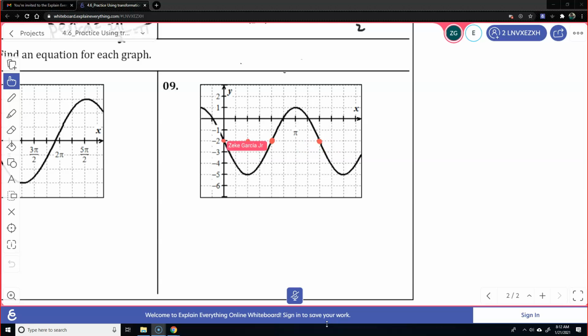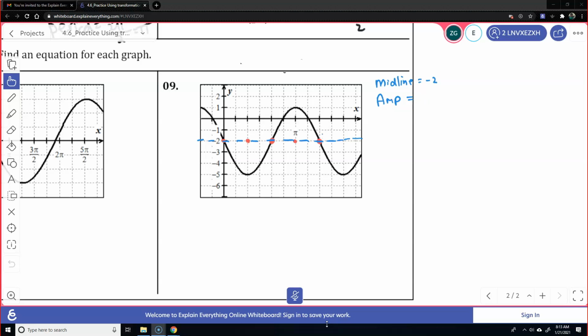Okay, so we got these points that are here. And you notice that at y equals -2, that's our new midline. So I'm going to put midline is at -2. The next thing that we need to find is the amplitude.